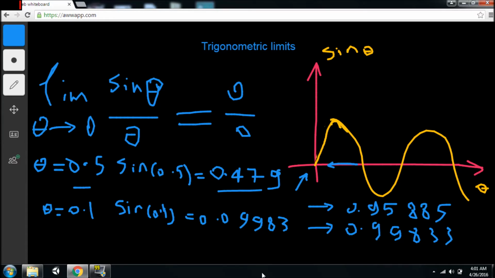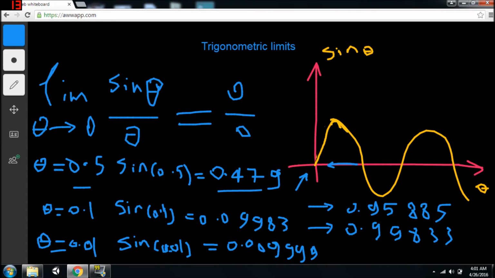Let's try a value even closer to 0, at theta equal to 0.01. Sine 0.01 is a very ugly value: 0.00999983.